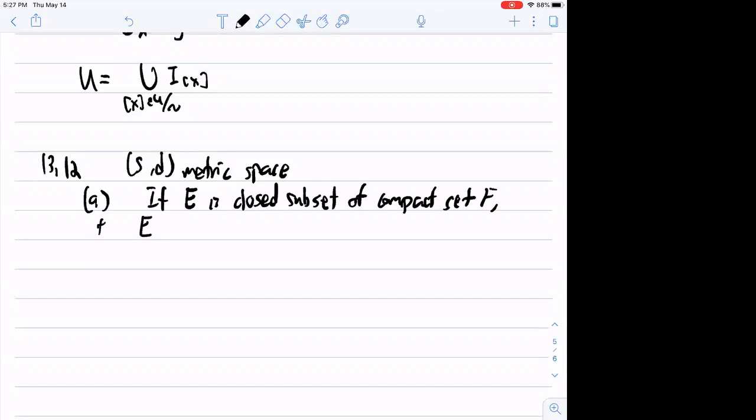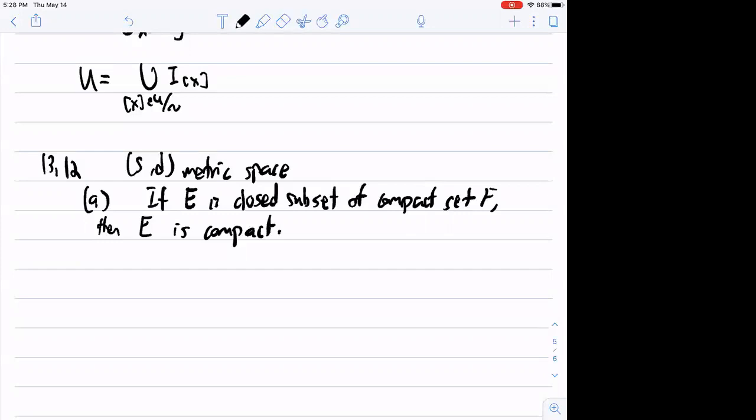Again, it never said S was a subset of R, so you can't use the fact that compact is equivalent to closed and bounded. You have to use this open cover argument. I think it's pretty nice because many people are not comfortable with open covers.